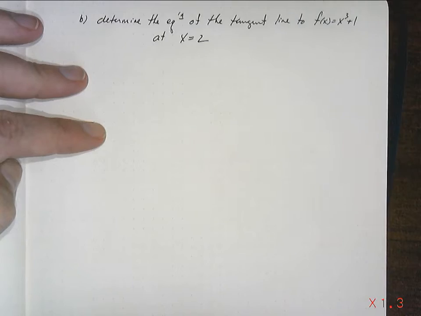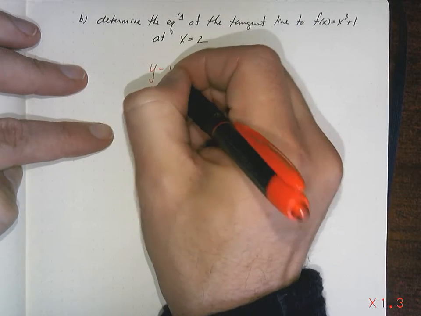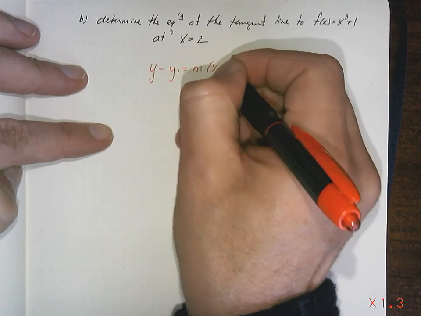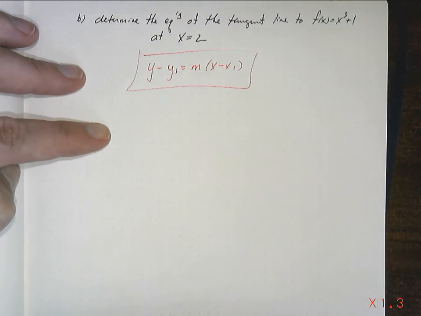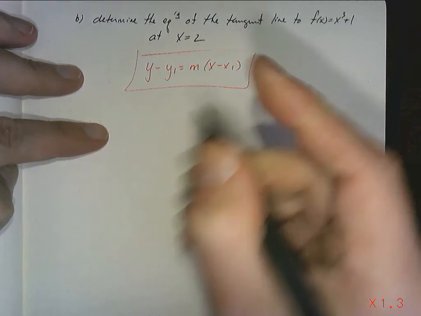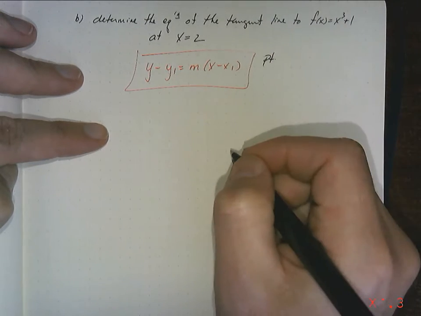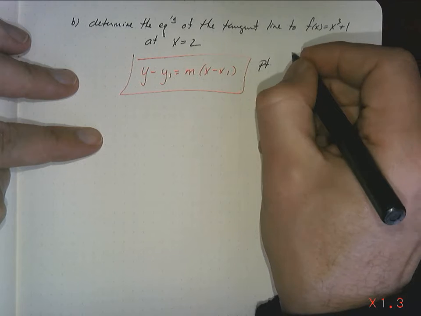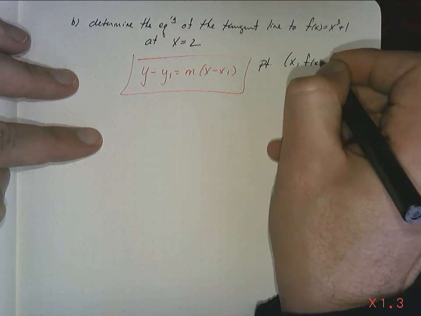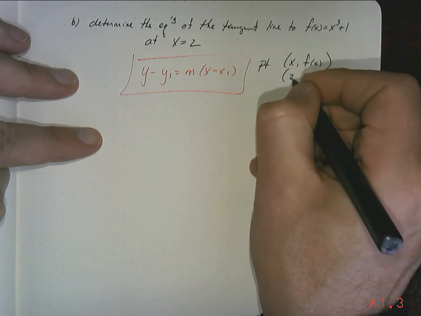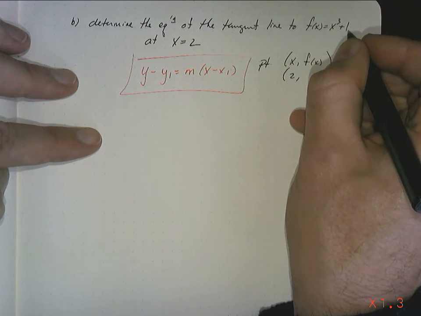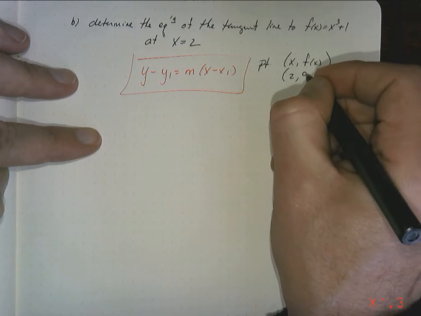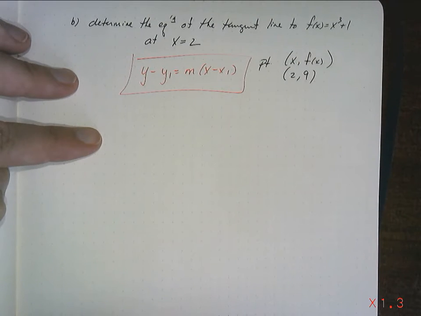So we're going to make use of y minus y1 equals m times x minus x1. So you need a point on the tangent line. That point is going to be x comma f of x. So it's going to be 2 comma, put in 2 here, 2 cubed is 8, plus 1 is 9. So that's my point.